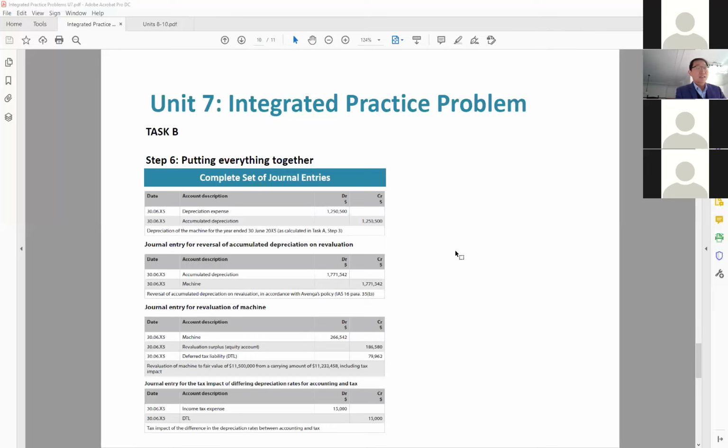A qualifying asset is defined as an asset that takes a substantial period, more than 12 months, to be ready for use. In this particular example, we are told that the asset is only going to be ready for use after a period of more than 12 months. If the asset is not a qualifying asset, in other words, if it doesn't take a substantial amount of time to get ready for use, then that interest cannot be capitalized and needs to be expensed. That is the answer to that question.